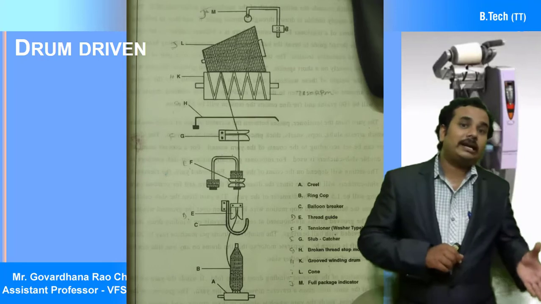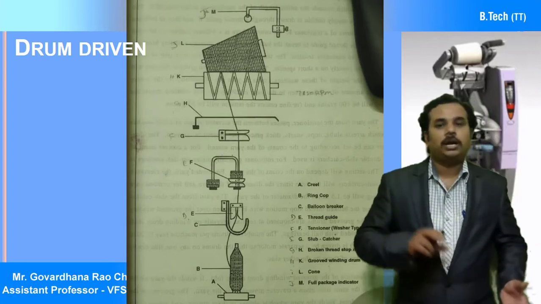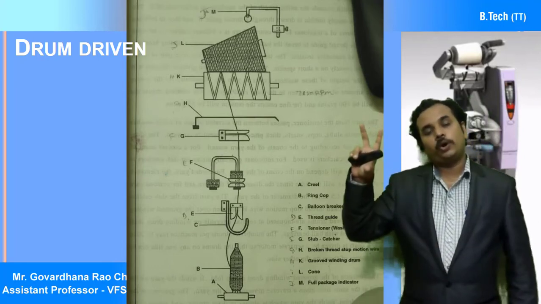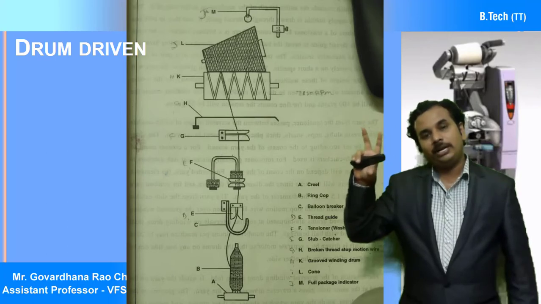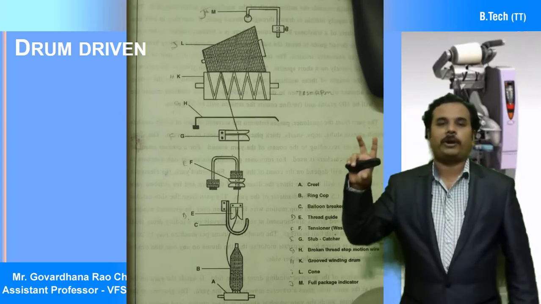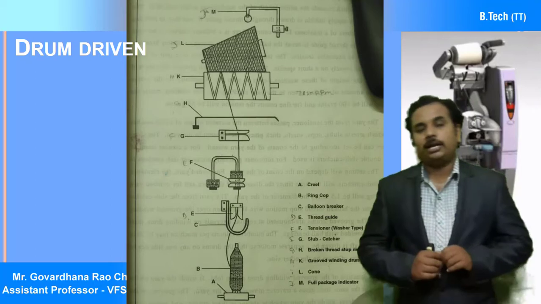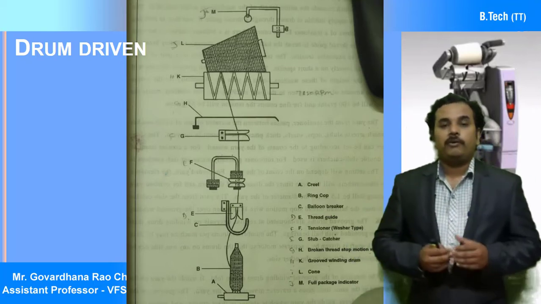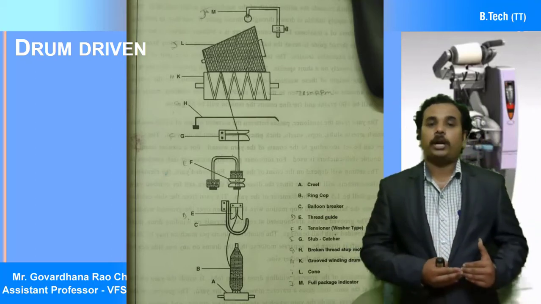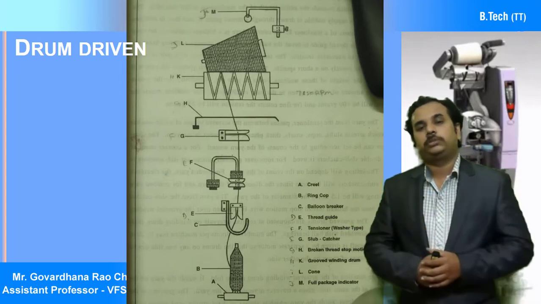Can you calculate how many ring cobs are required to make one cone?